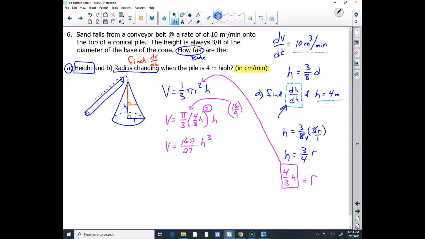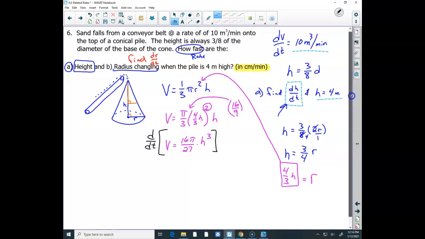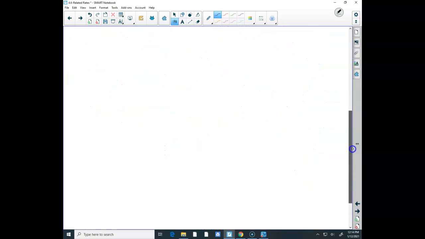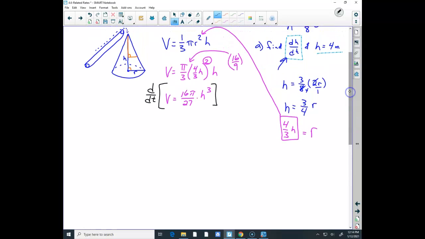So now I'm going to take the derivative of this with respect to time, okay? As I do this, now I know dV dt is going to equal 16 pi over 27 times 3h squared.